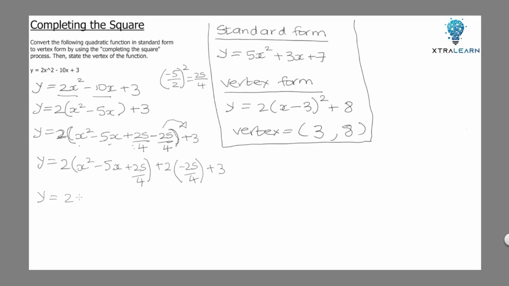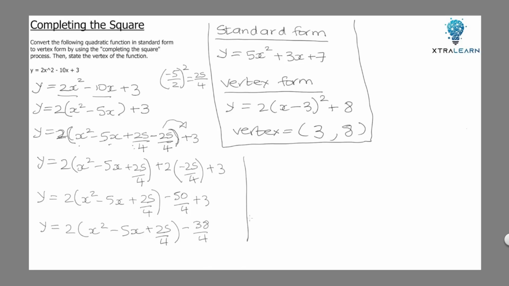I'm going to clean up the end of this expression. I multiply the 2 by the negative 25, it turns out to be minus 50 over 4 plus 3, and then I can add these two up with my calculator, and if you do that, you're going to get minus 38 over 4.